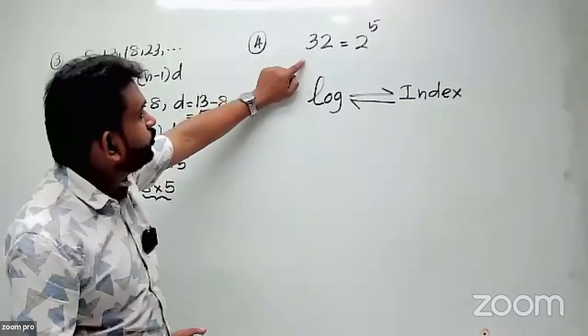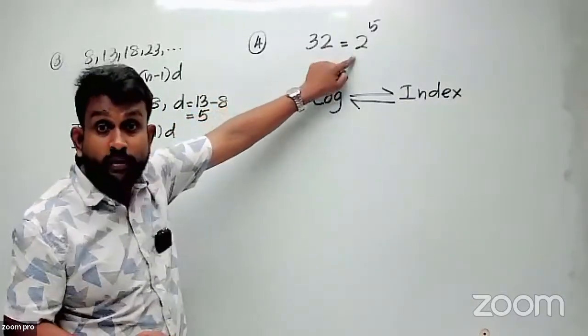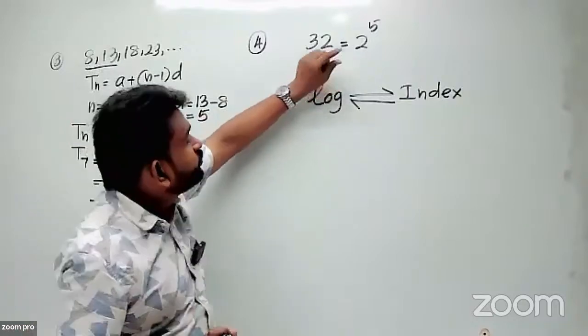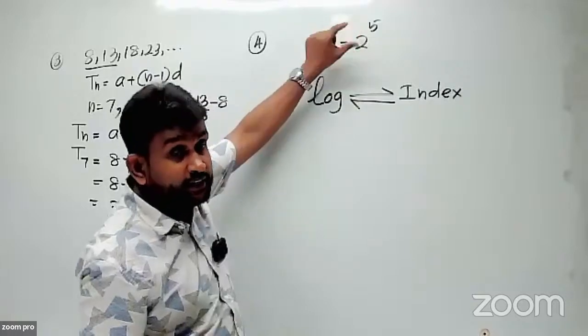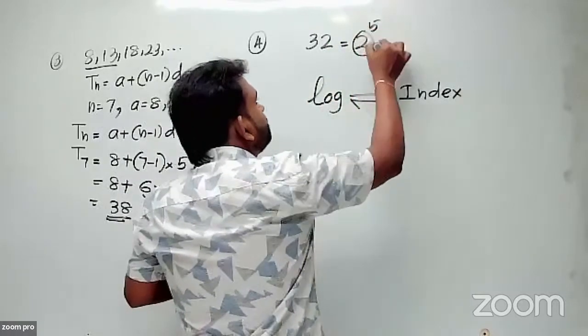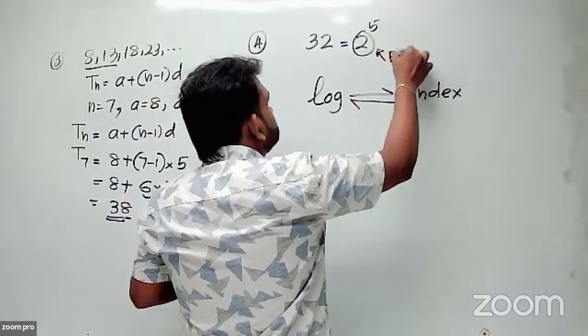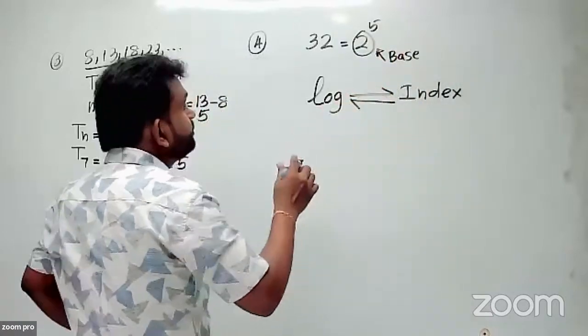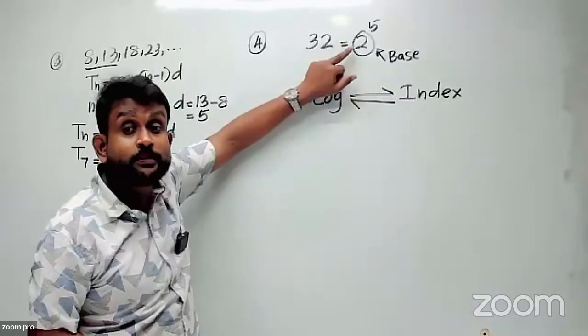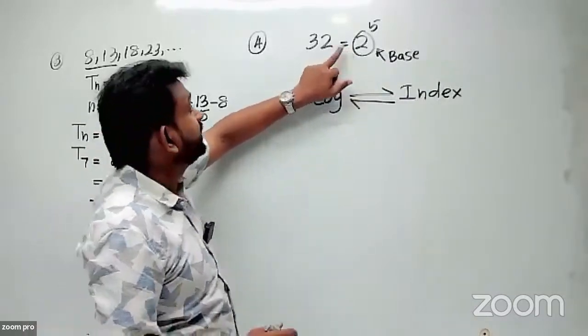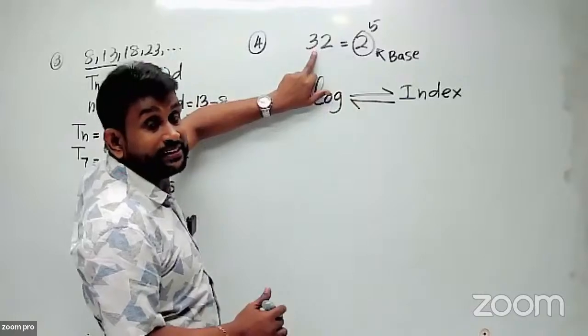Now how to convert 32 equal to 2 to the power 5? This is the way. First catch where the base is located. This is the base of this index. Then you take the logarithm of the side where the base is not located, that is 32.